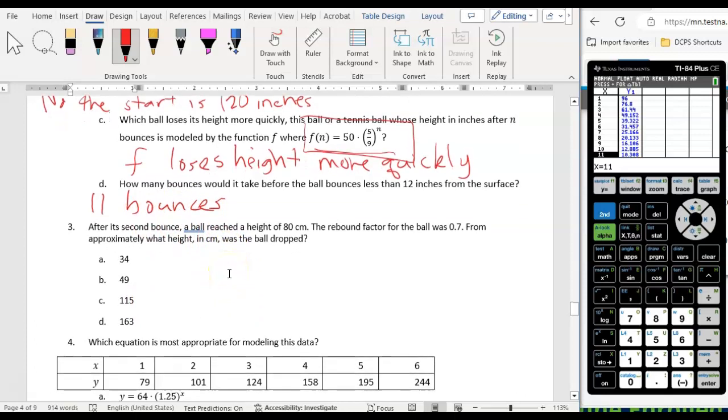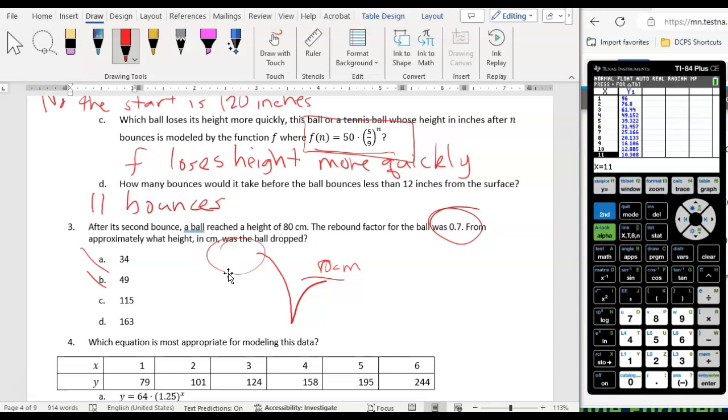All right, so after its second bounce, a ball reaches a height of 80 centimeters. So we have a ball bouncing and coming back up, and it's hitting 80 centimeters. The rebound factor from the ball was 0.7. From approximately what height was the ball dropped? So we know in this case it has to be greater than 80 because the ball was dropped from a higher height. And so it's either 115 or 163.